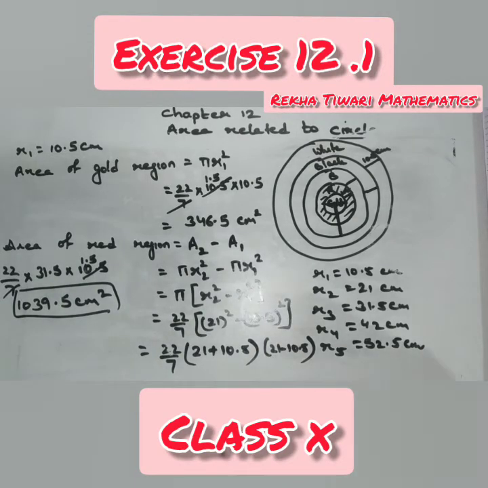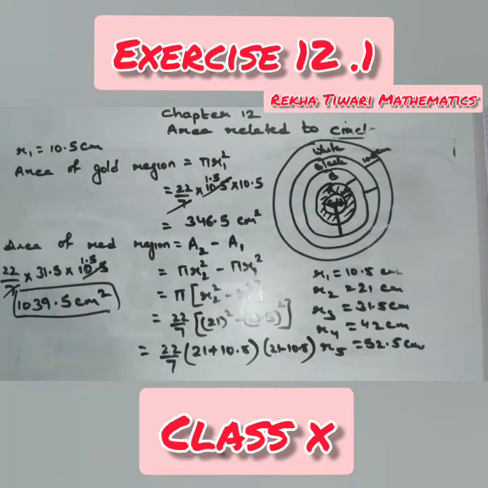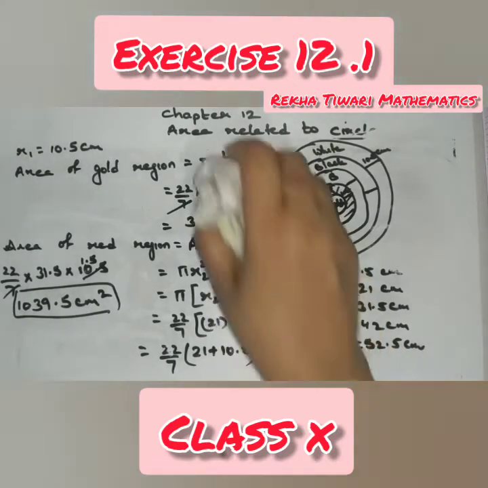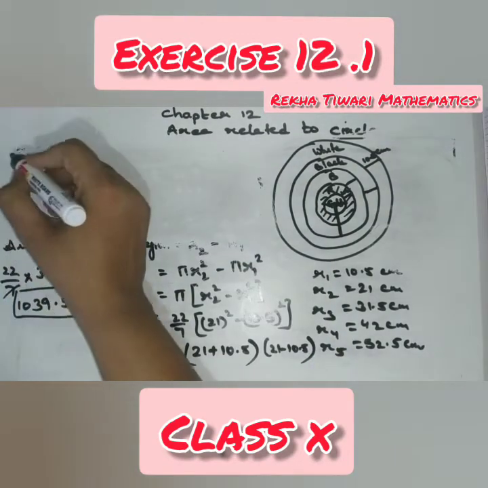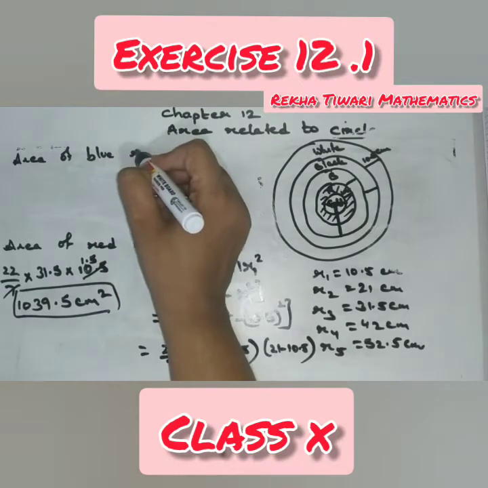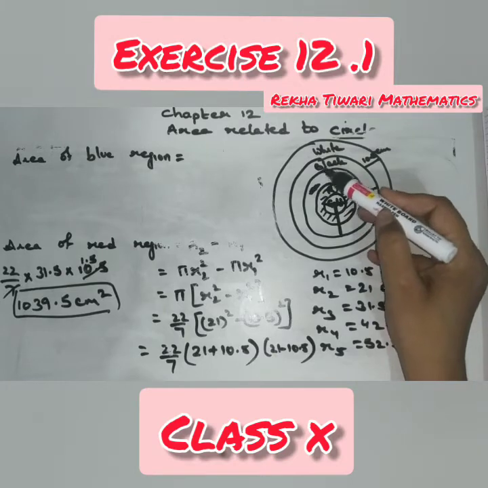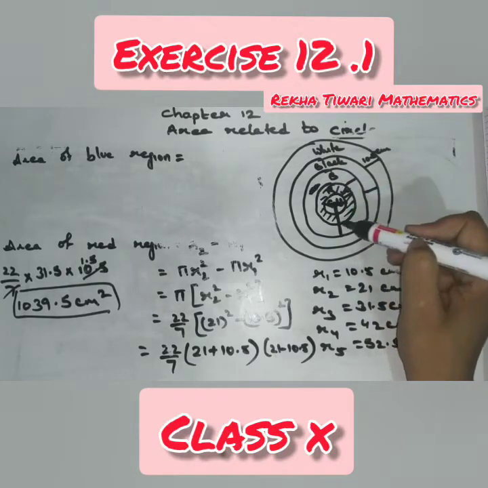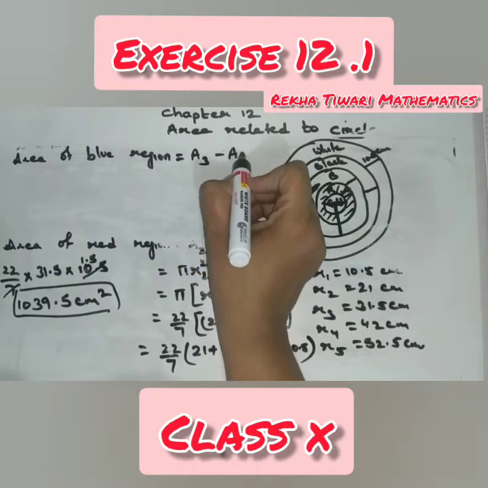In the same way, you can find the area for the blue region, the black region and the white region. I will just write down the formula, the rest you will solve like the area of red region. So what could be the area of blue region? This region is third circle minus second circle: A3 minus A2.